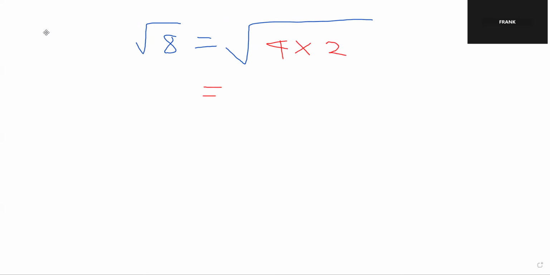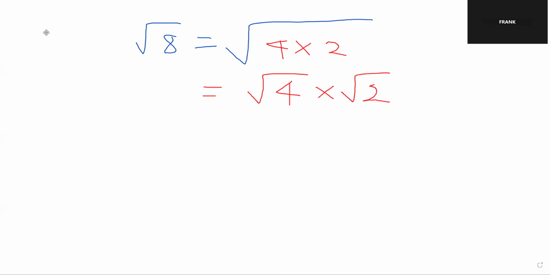After doing this, if you have two numbers being multiplied within the square root, the feature of the square root is such that you can split them. Once they are multiplying, I can see them as root 4 times root 2.